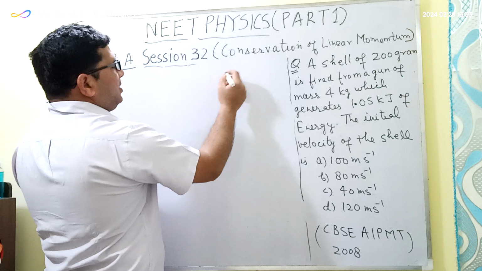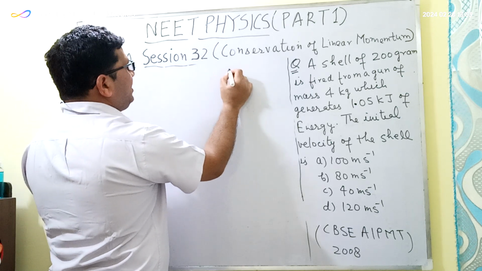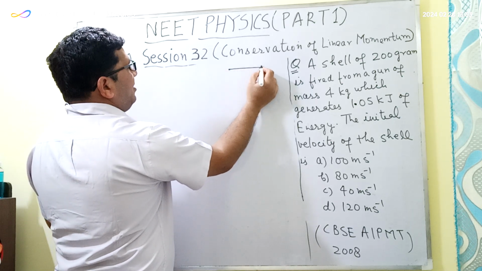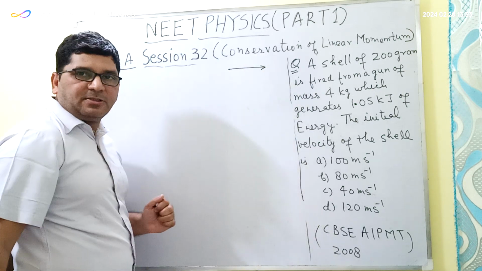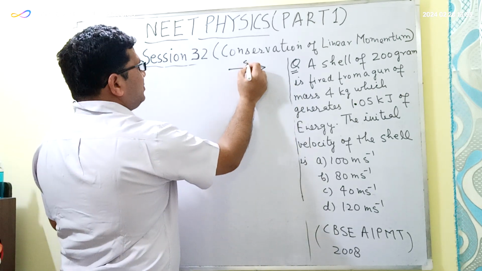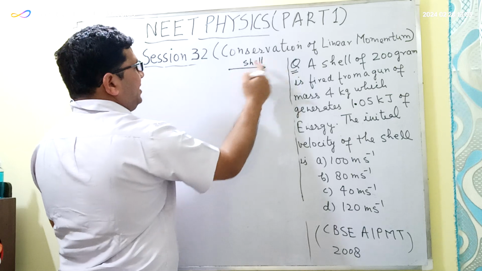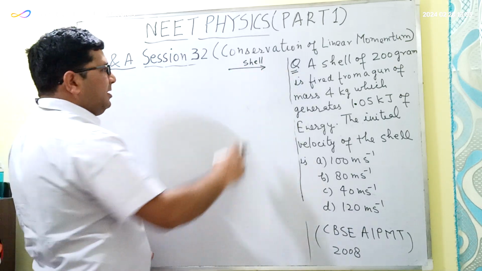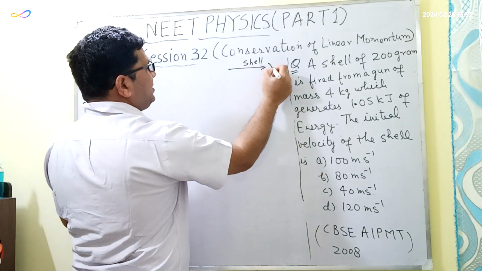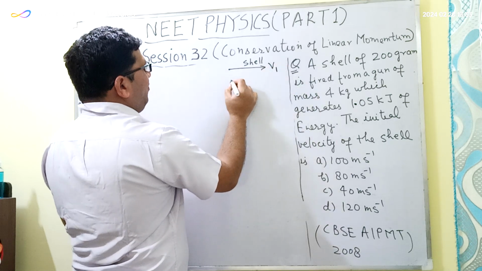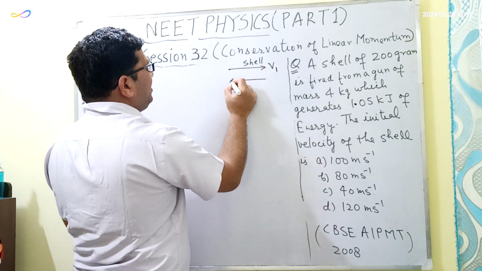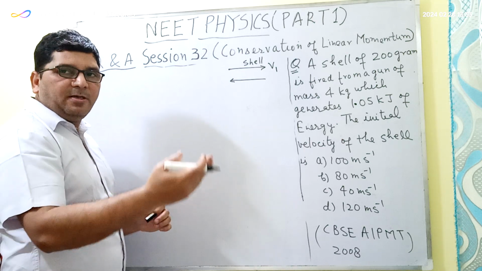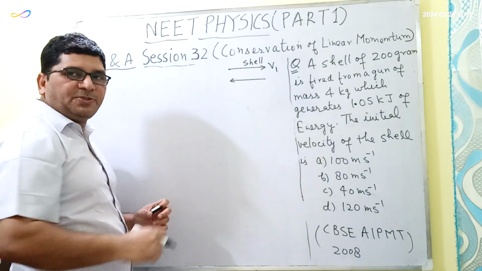Now let us consider that the velocity of the shell after firing is in this direction as indicated by this arrow, and let us say this is V1. When the shell is fired, the gun will recoil in the opposite direction.